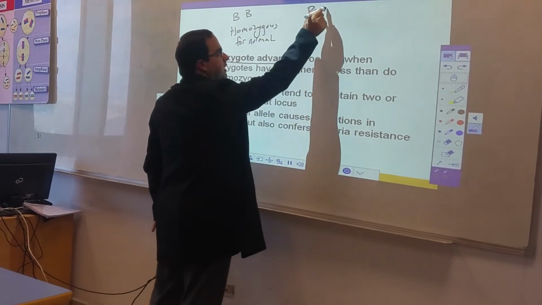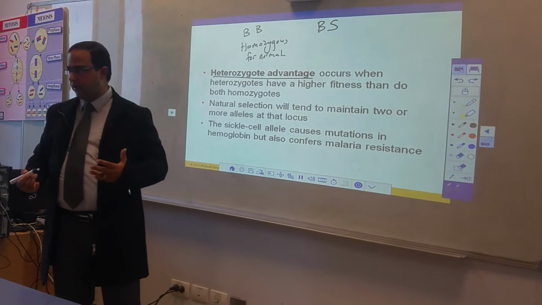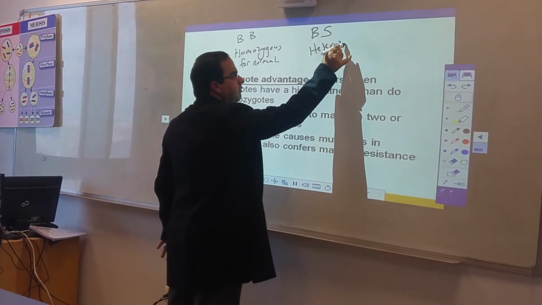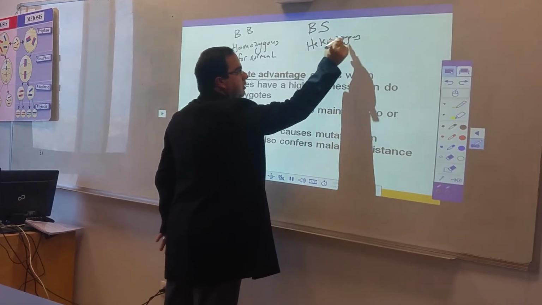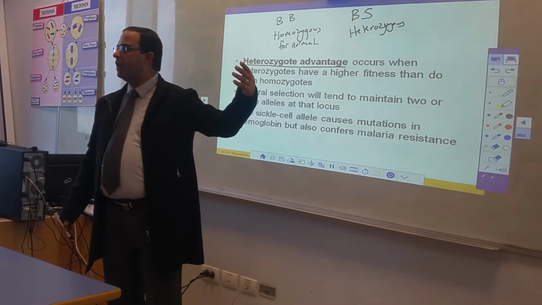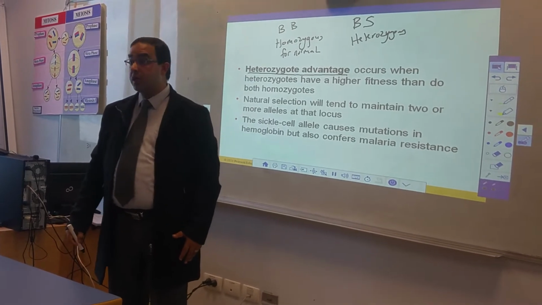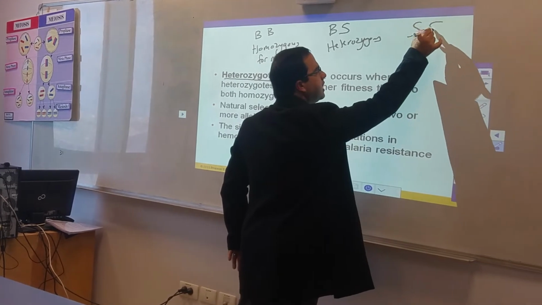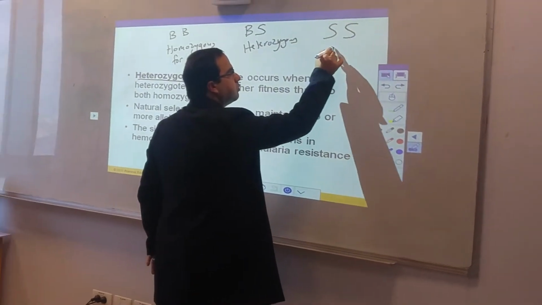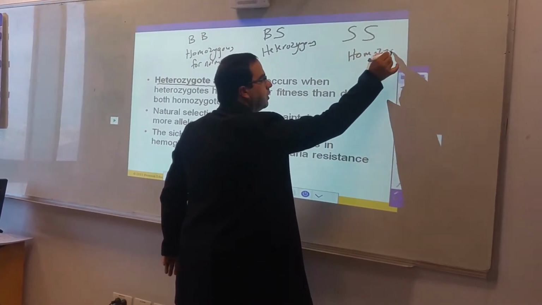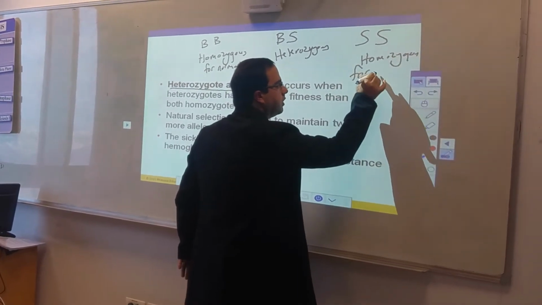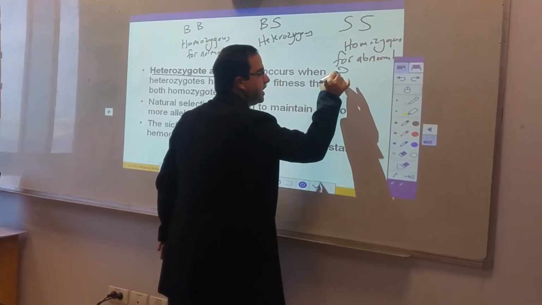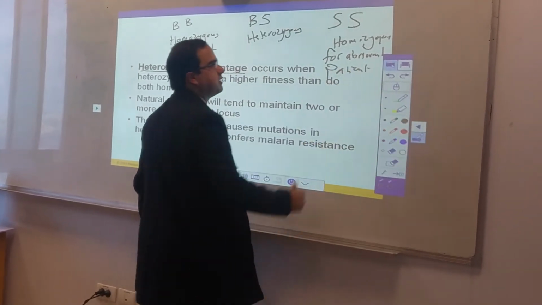And the heterozygous, we call it the carrier: one normal, capital B, and one abnormal sickle cell mutation, capital S. And the homozygous for abnormal is the patient affected by sickle cell.